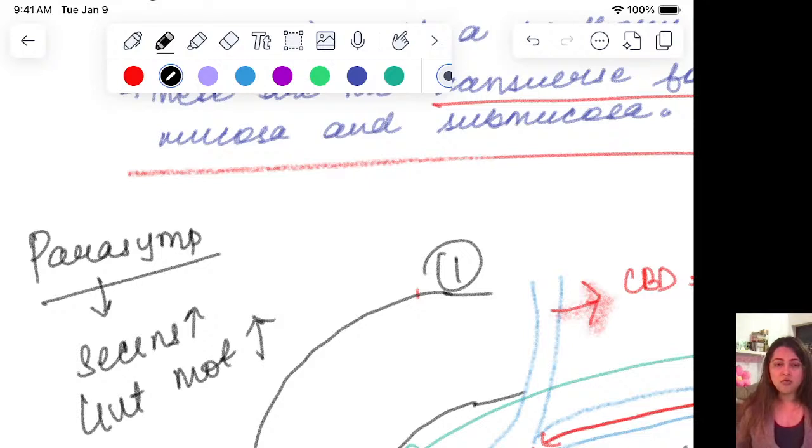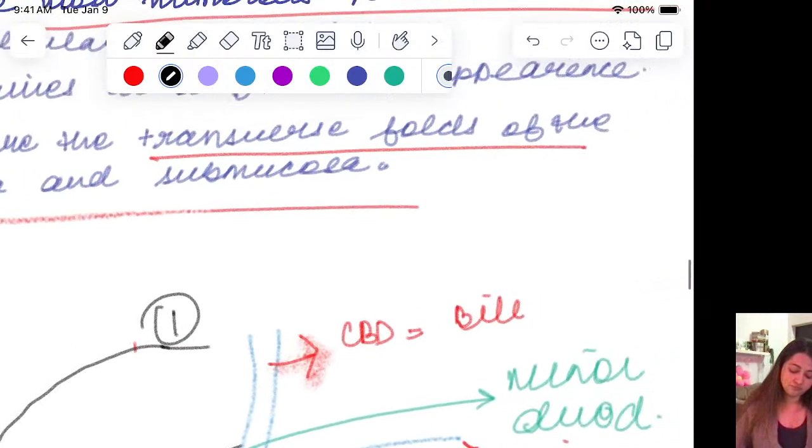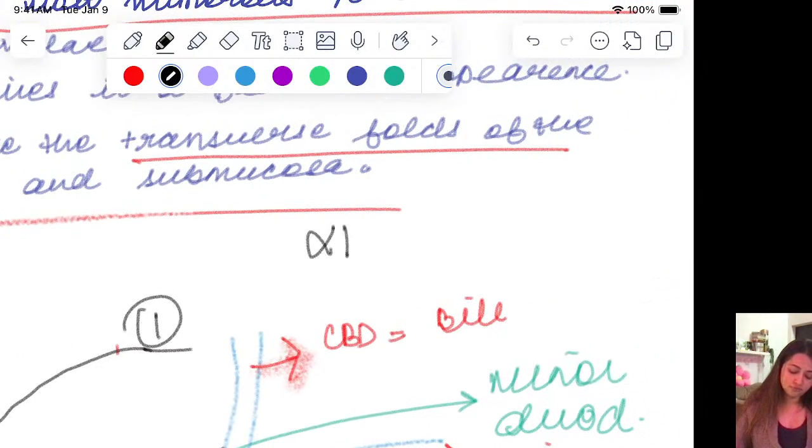Okay. Now, when you talk about the sphincter of Oddi, or a situation where there is alpha 1 stimulation, you have to be very careful about the effects.